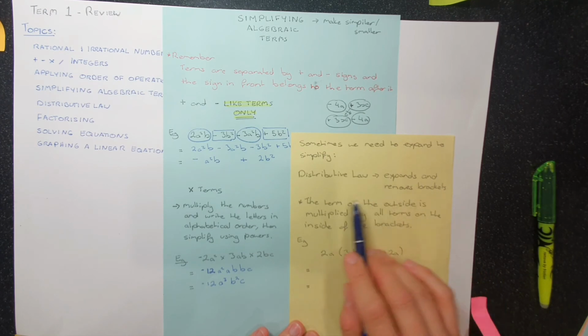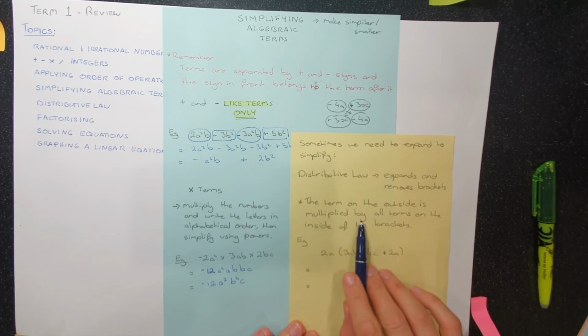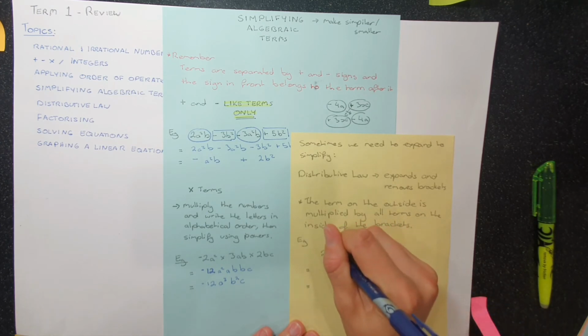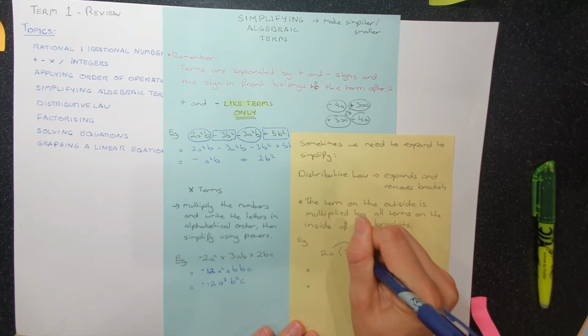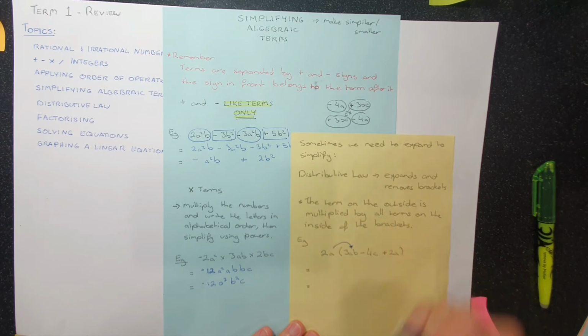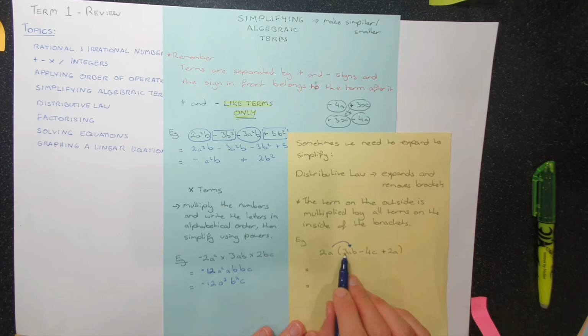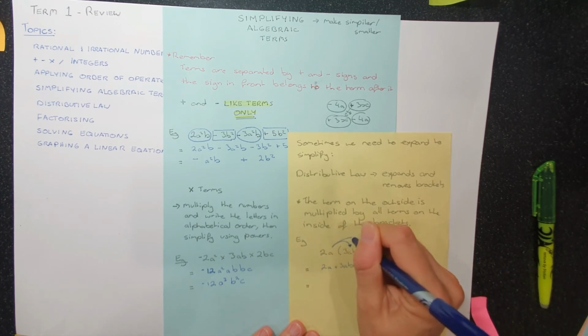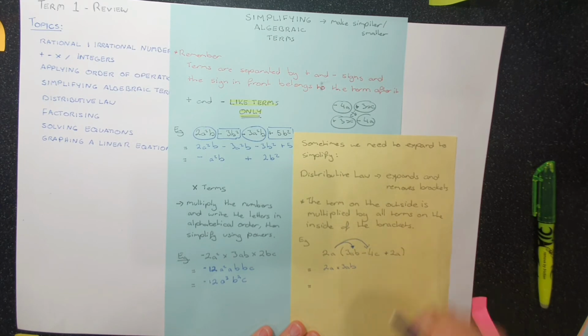Okay? And in the process, the term on the outside is multiplied by all the terms on the inside of the brackets. So to show that, I'm going to draw some arrows. So firstly, we're going to write down 2a multiplied by 3ab. The next one is going to be 2a multiplied by negative 4c.